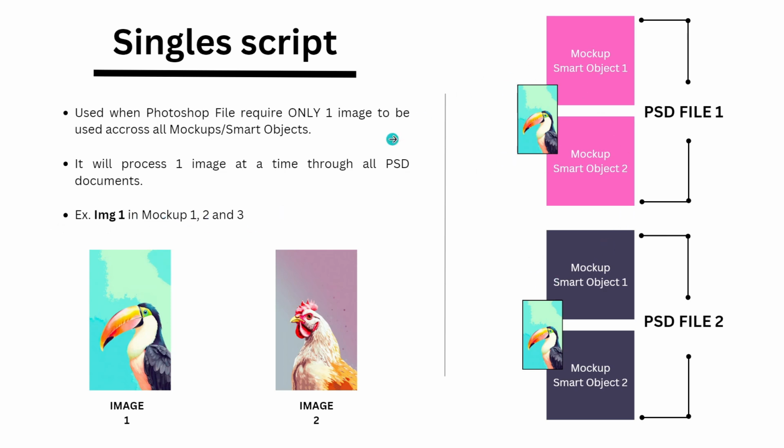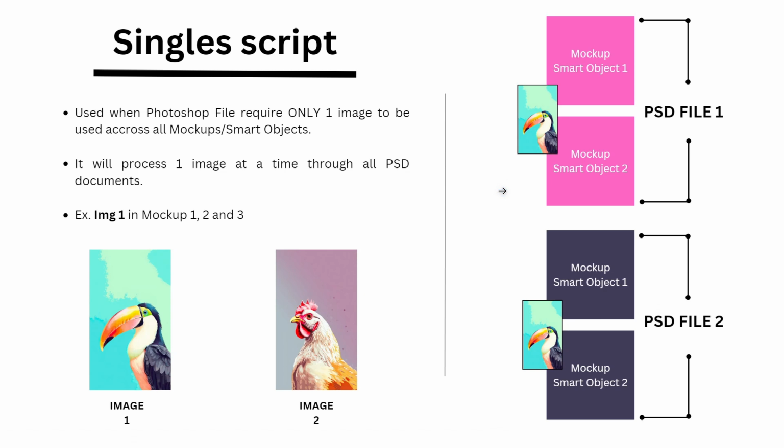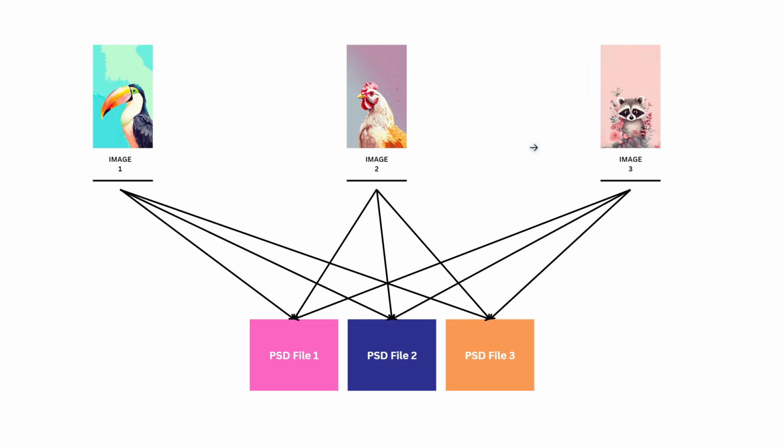In this case, I'm showing two images, but here is an example, assuming that you have two Photoshop files, and both files are, for example, different angles of the same product, but you need to show the same design. So for example, let's say I have an example here.